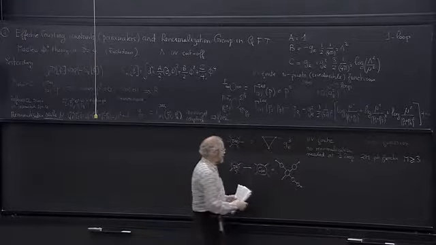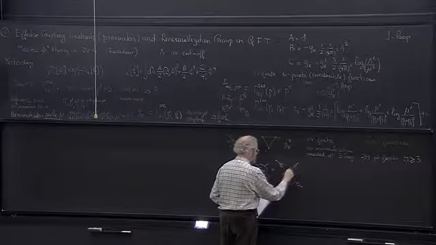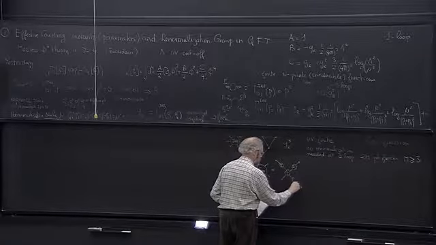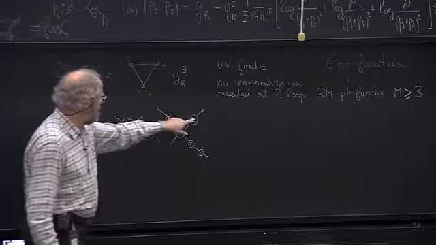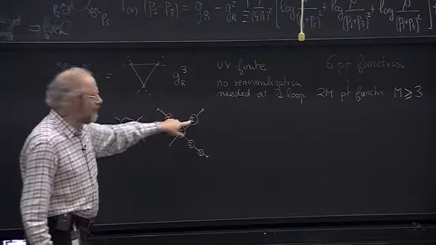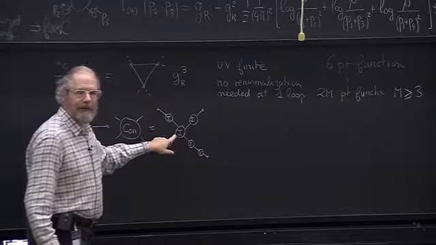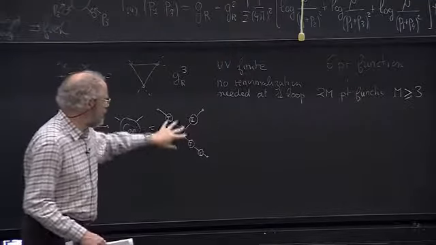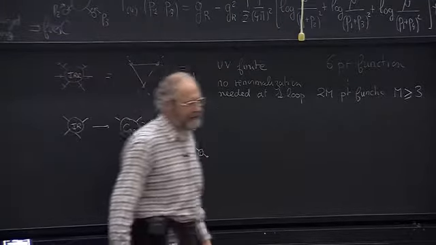They're made out of trees of irreducible functions, and the short distance divergence can only be contained in the irreducible part. And then we go to the general function.